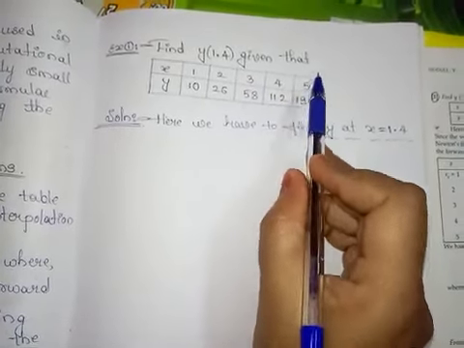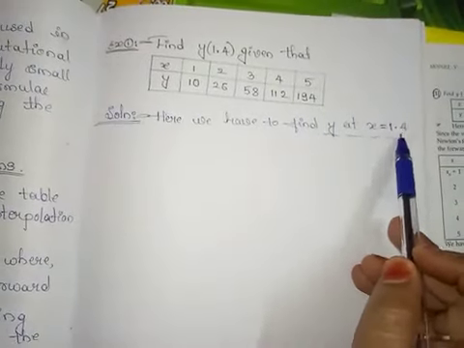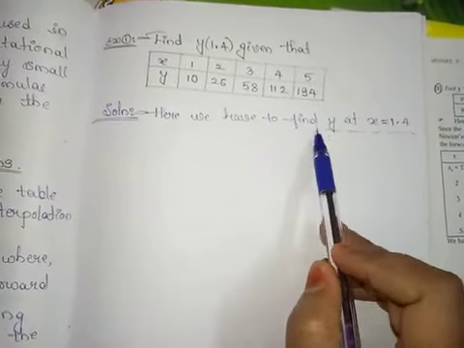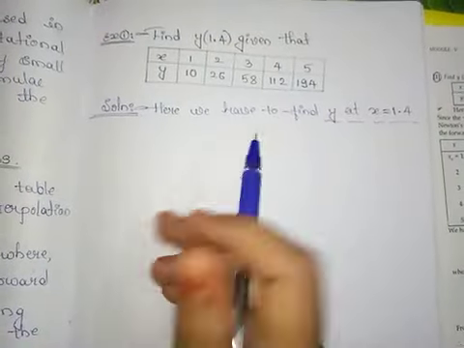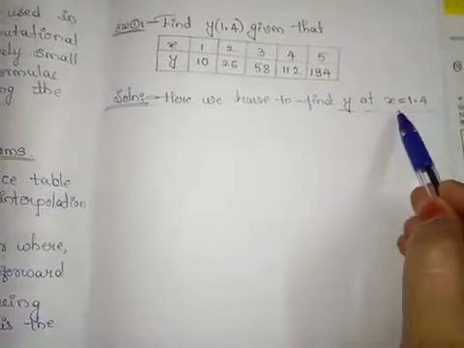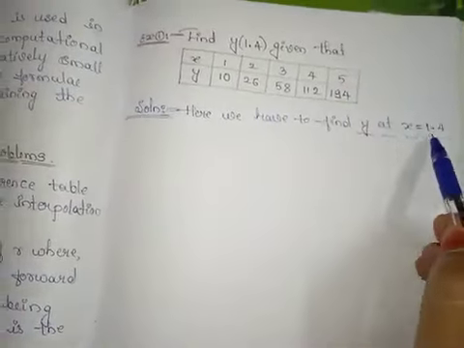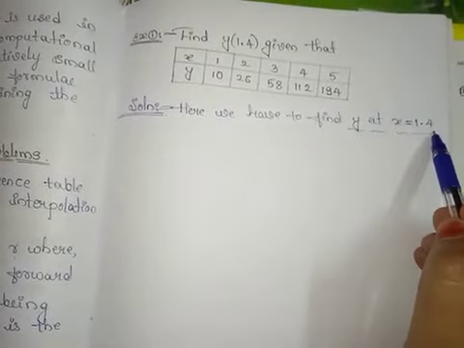The value of n is 4. This is x naught, this is x4, and the value of x is 1.4, for which we have to find the value of y. Now before going to the difference table, just see here, our value of x is 1.4.